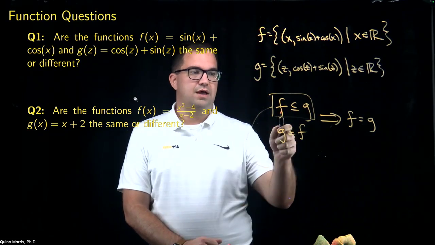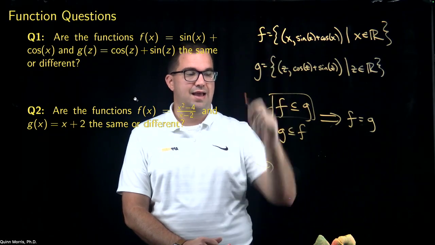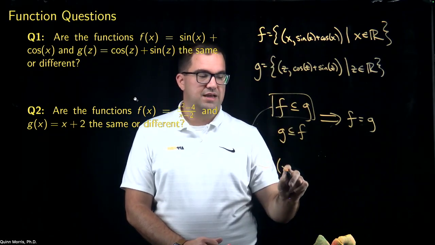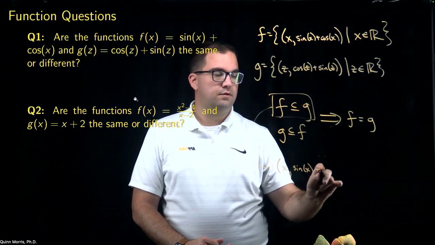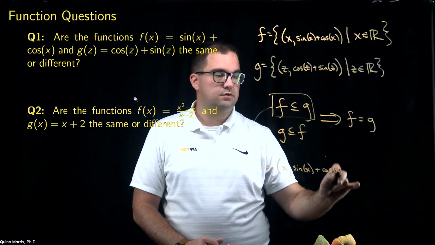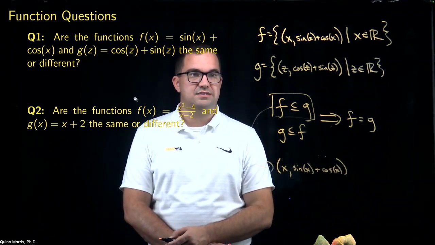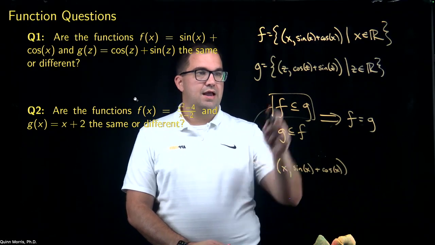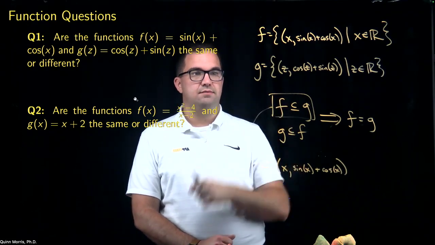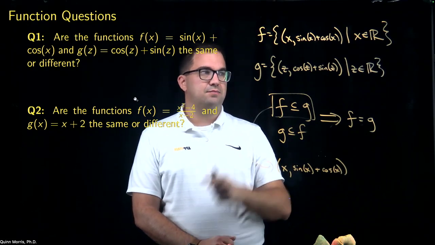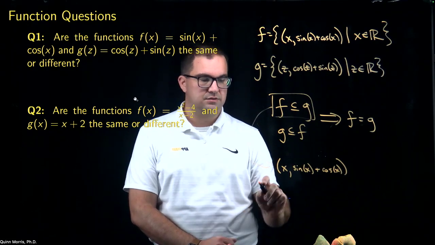To have some idea of how you might prove this: if you want to show F is a subset of G, you take something in F. So for a fixed x value, this point is in my set F. So there's an arbitrary thing in my set F. And then I'm going to show that it is also in G. The way I'm going to do that is I'm going to pick my z value to be equal to x.